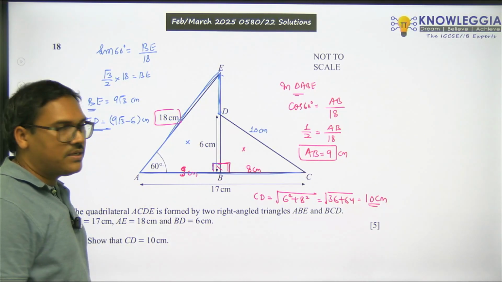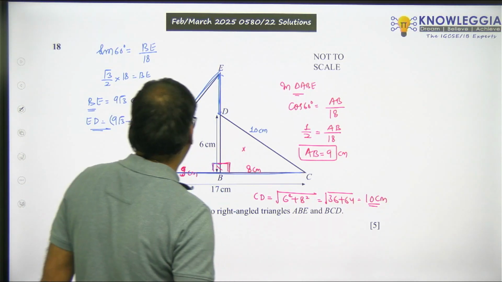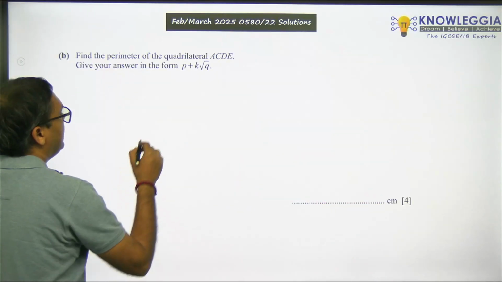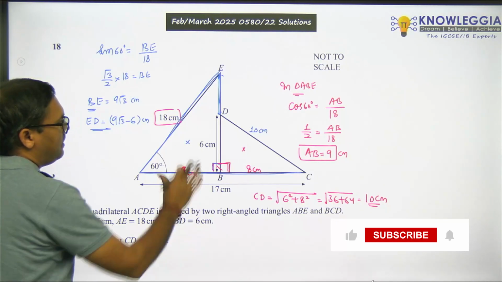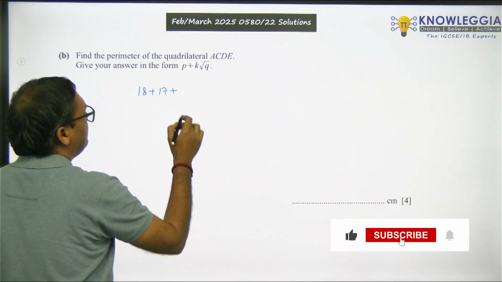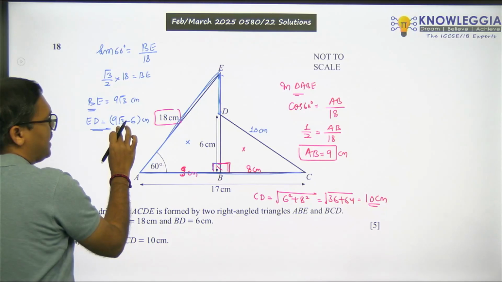So what is the total perimeter? Perimeter will be equal to 18 plus 17 plus 10 plus, what is this length? This is 9 root 3 minus 6.